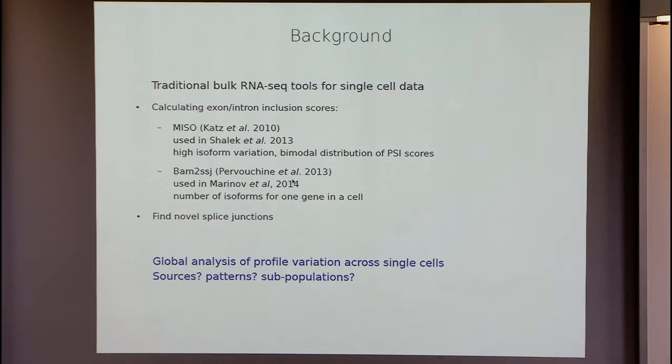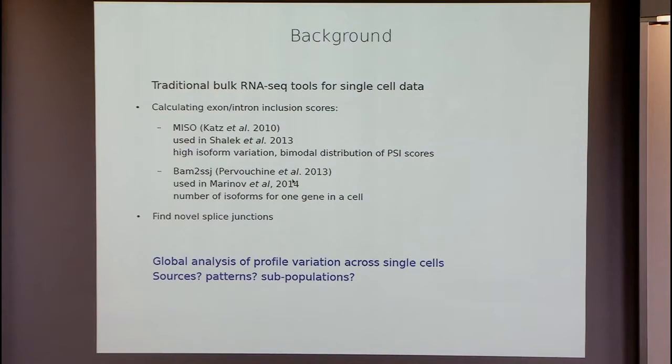Which genes are significantly variable in isoform usage? Is there any pattern for these genes to use different isoforms, or is it completely stochastic? And also, does this information about using different isoforms imply any subpopulations within a population of cells?